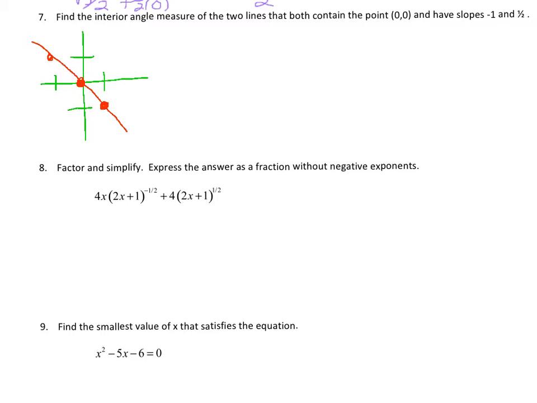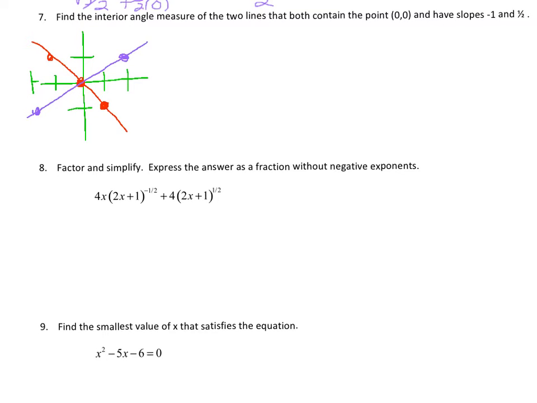All right, and then if we have a line that contains the point 0, 0 and a slope of 1/2, I know that will be up 1 and over 2 from 0, 0. So if I draw that line, it will be right here.